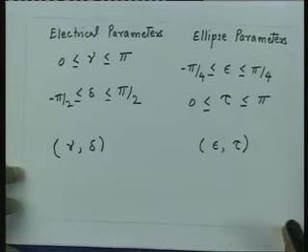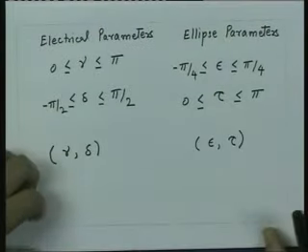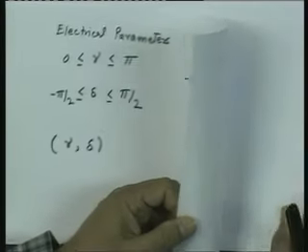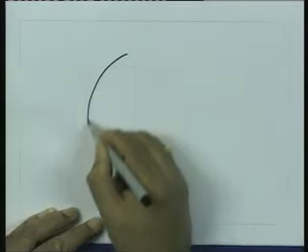Let us say we have a sphere which is like the globe, where you have the latitude and longitude lines drawn on it.